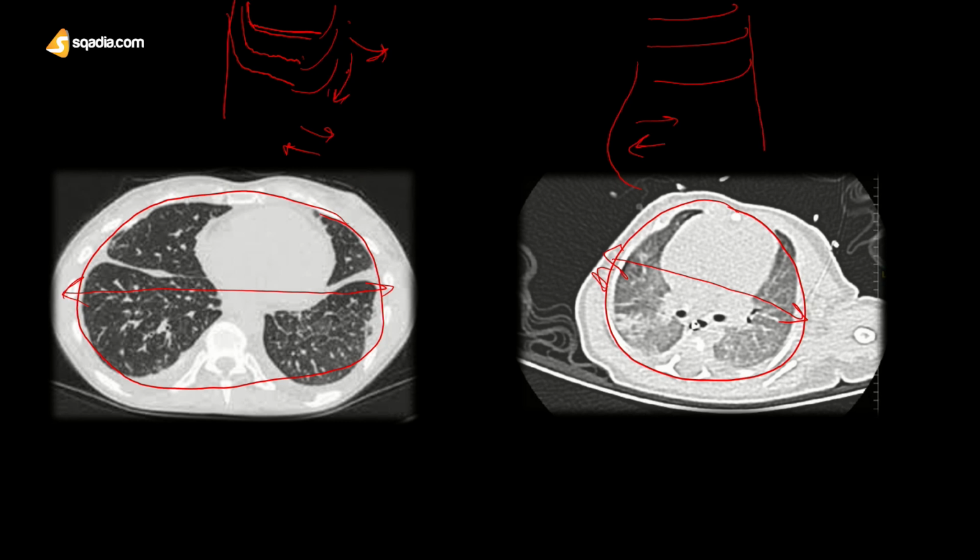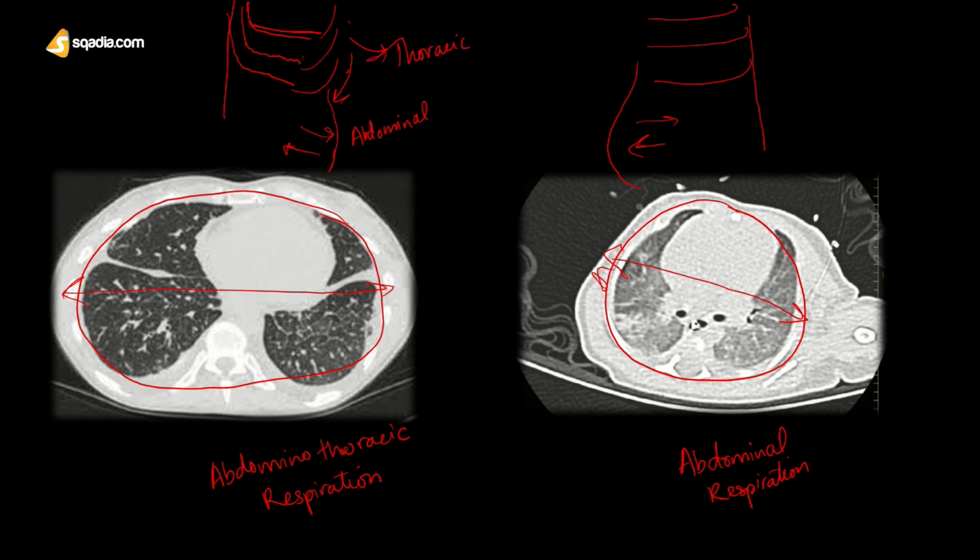In the child, the abdomen moves out and in during breathing. But in the adult, the rib cage also moves. So this is called thoracic respiration, and this is called abdominal respiration. So in the adult, we have abdominal and thoracic respiration, and in the child, we only have abdominal respiration.